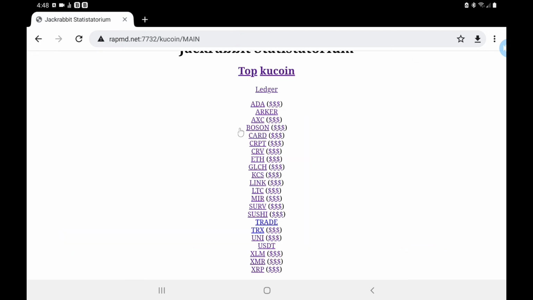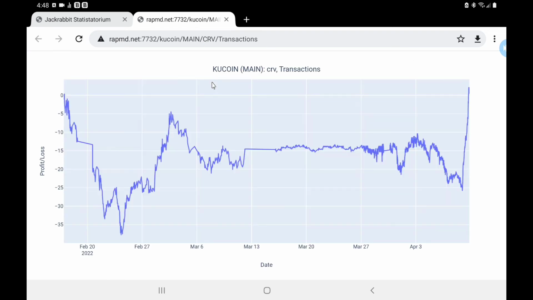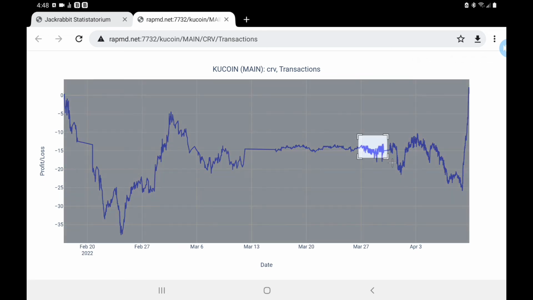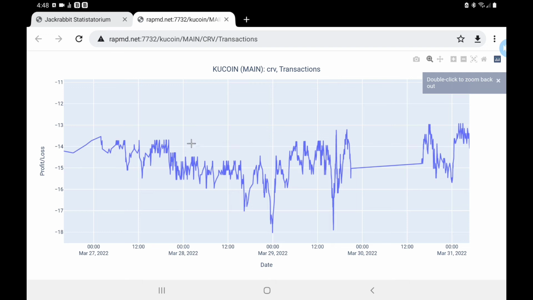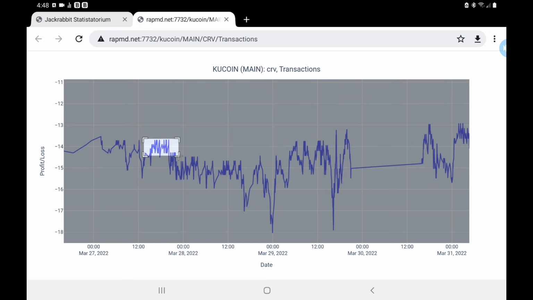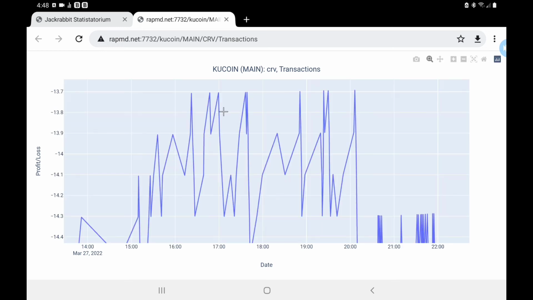So in terms of your order book, take heed to what the statistics tell you. Pay attention to when you see good trading patterns versus questionable trading patterns, where you need to zoom in and actually see, are you really making money? Which here I am.